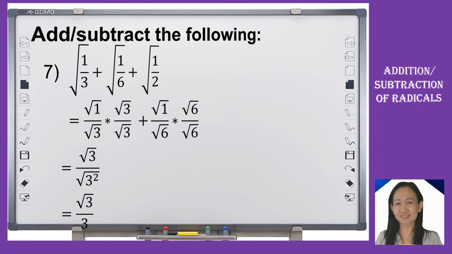So to rationalize, multiply this to square root of 6 over the square root of 6. So square root of 1 times the square root of 6 is the square root of 6. And the square root of 6 times the square root of 6 is the square root of 6 squared. And the square root of 6 squared is 6.